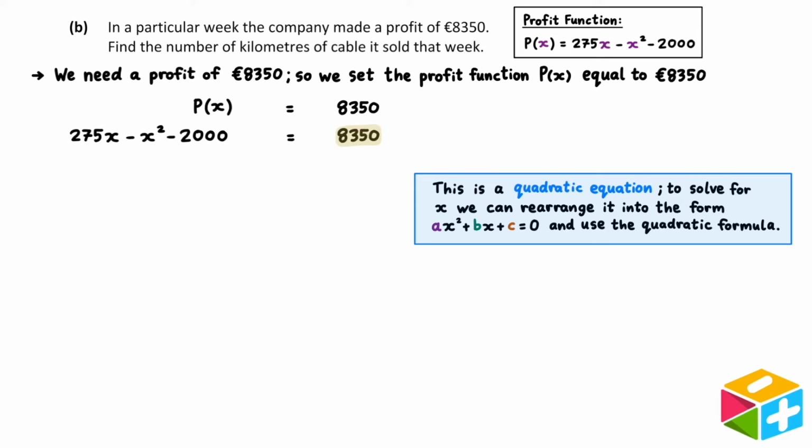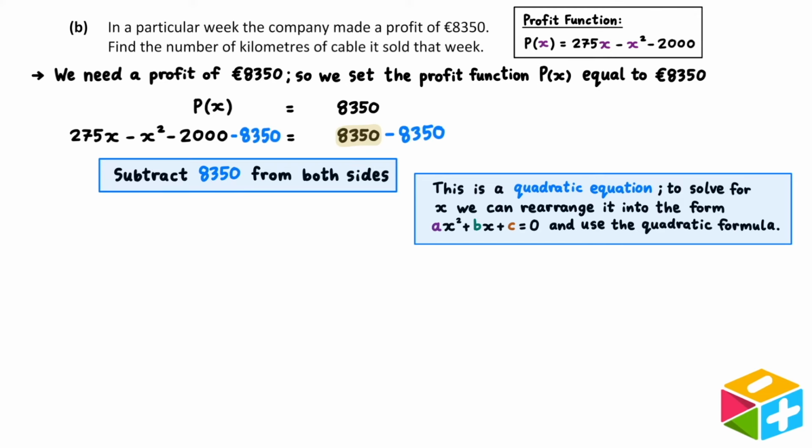The easiest way to do this is to remove the plus 8,350 from the right-hand side. The inverse of addition is subtraction, so to remove this we should subtract 8,350 from both sides.